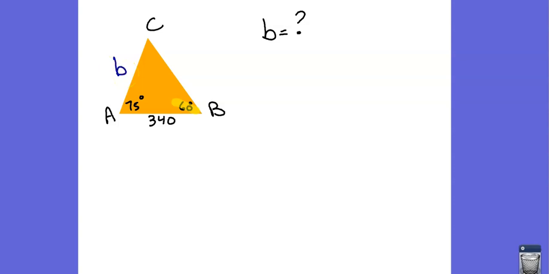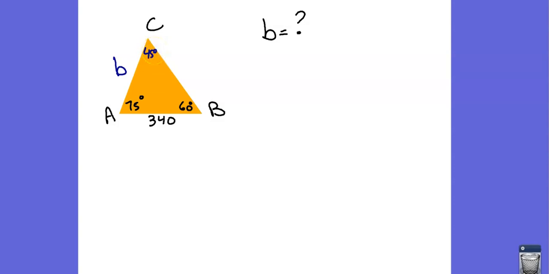But I could find angle C, because a triangle adds up to 180 degrees. I know angle A and angle B, so I take 180 minus 75 minus 60, and I end up getting 45 degrees. So angle C is 45 degrees.